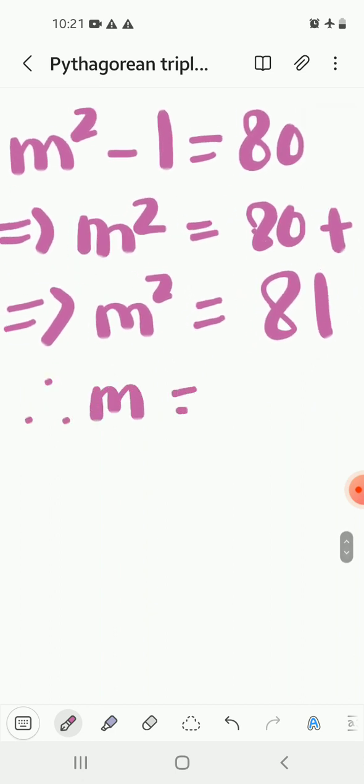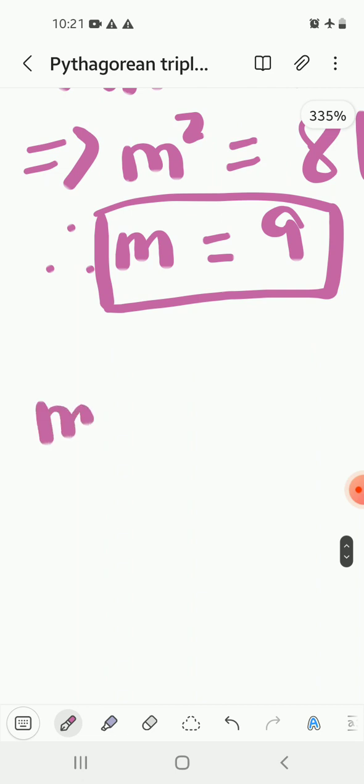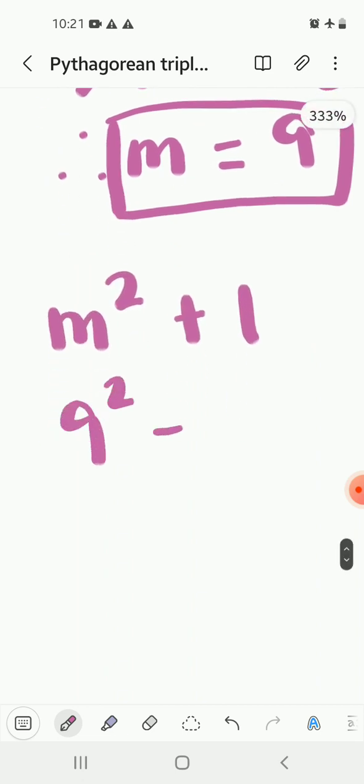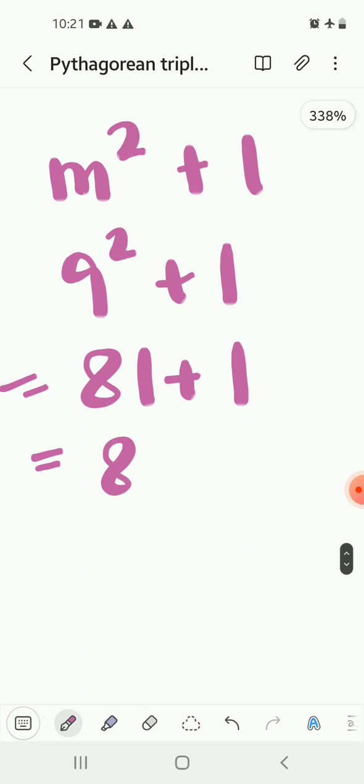Therefore, m is the square root of 81, that is 9. So we have got the value of m. Now we are going to substitute the value of m in the next formula, that is m square plus 1. So m is 9, so 9 square plus 1, which is 81 plus 1, 82.